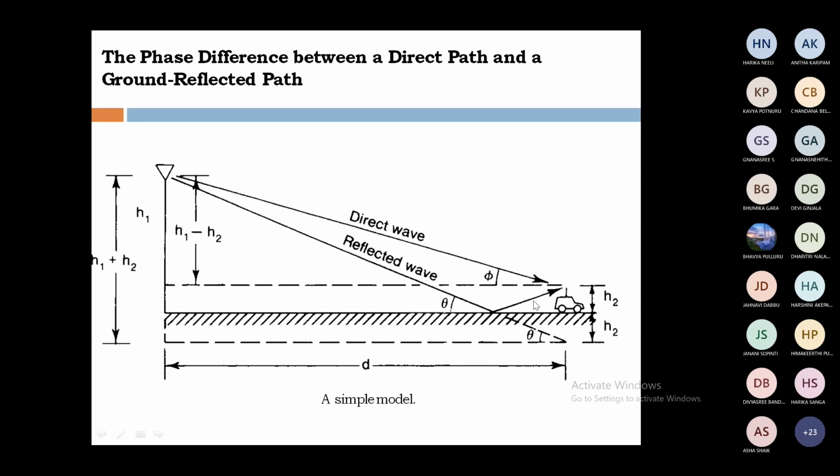Now we neglect the H2 value, so the height is H1 minus H2. And we draw based on the image platform, that is, based on the mirror image, it is H1 plus H2. Small d is the distance between the base station and the mobile station. From all these parameters, we calculate the phase difference between the direct path and the ground reflected path.